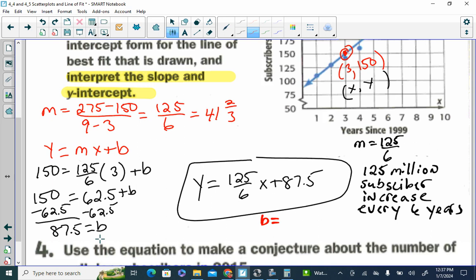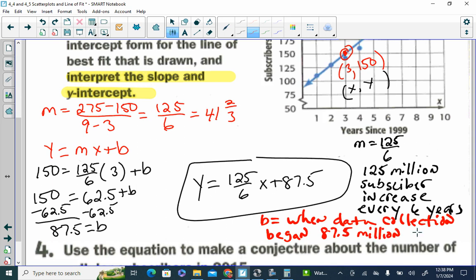When data collection began, there were 87.5 million subscribers when data collection began.